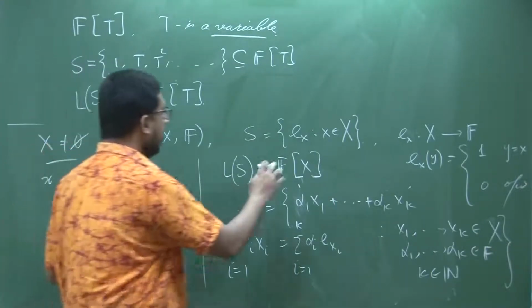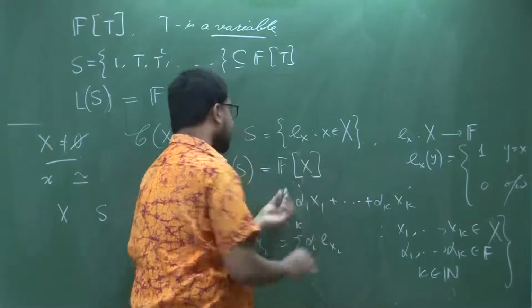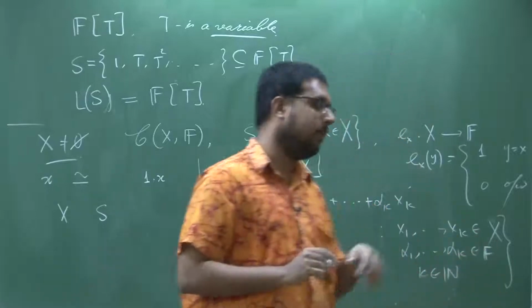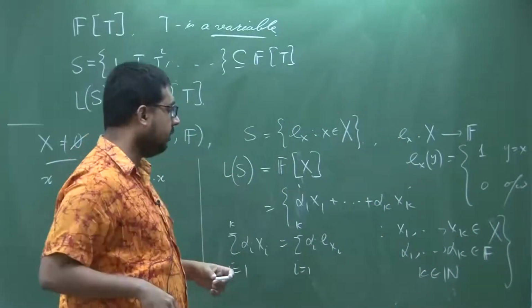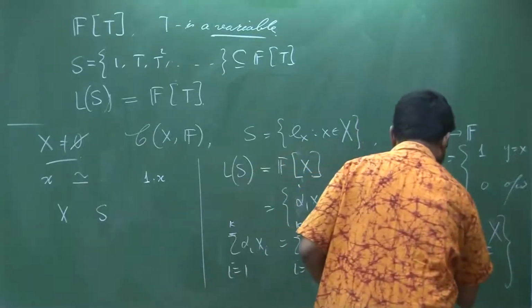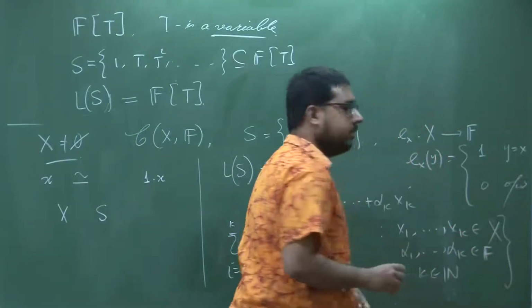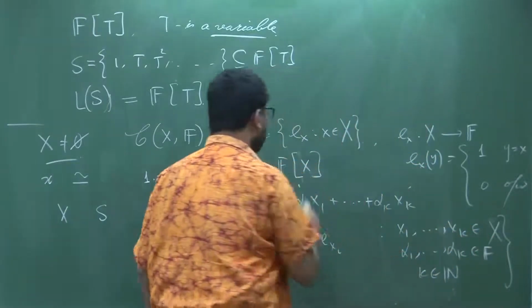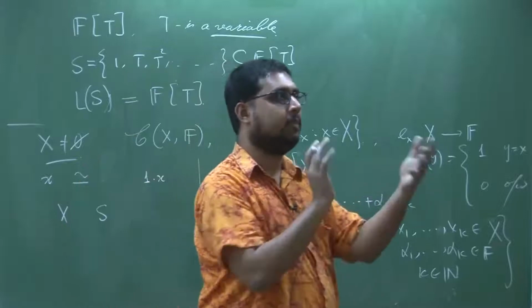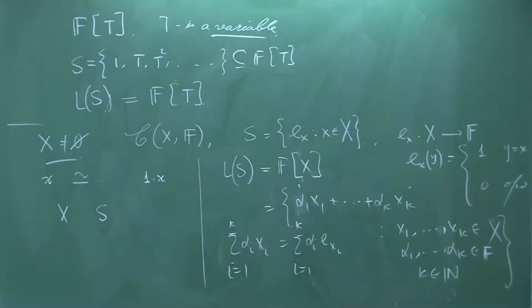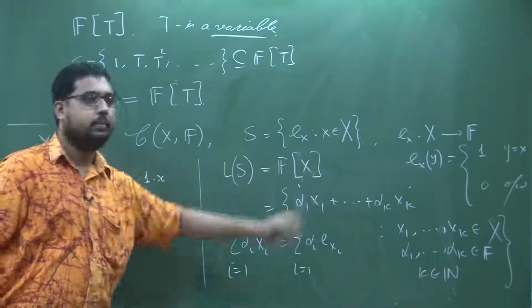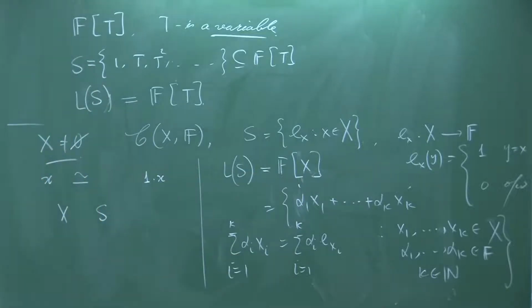From now on we will simply say that the vector space F X is spanned by the set X. Let me repeat, this terminology we adopted after an identification for the sake of simplification in notation and terminology. Otherwise, to begin with, X spanning something does not make any sense, because X may not be a subset of any vector space. So, after identification, we can simply say that this is spanned by X. Okay.